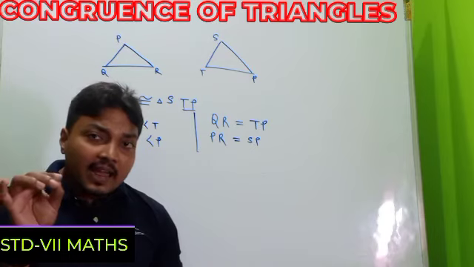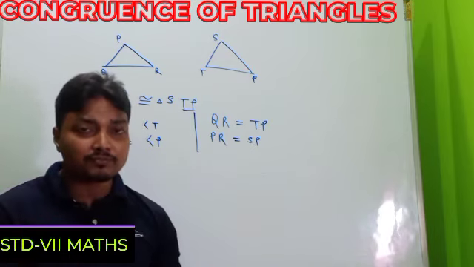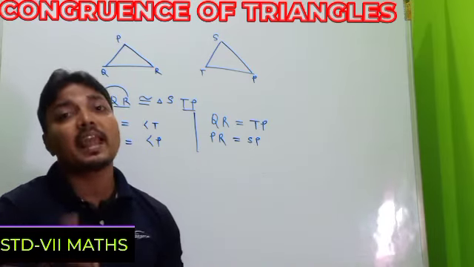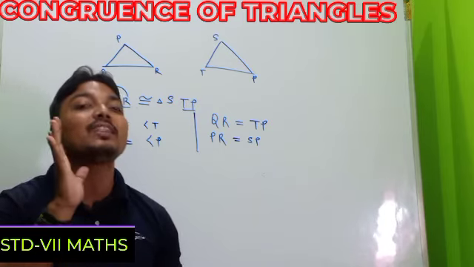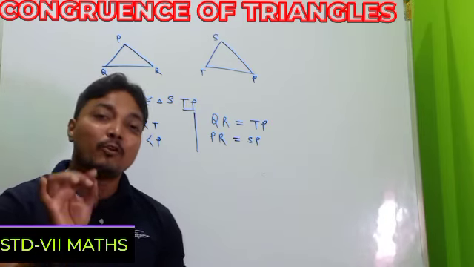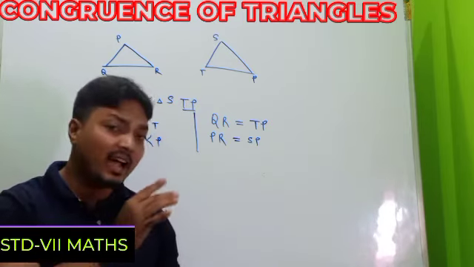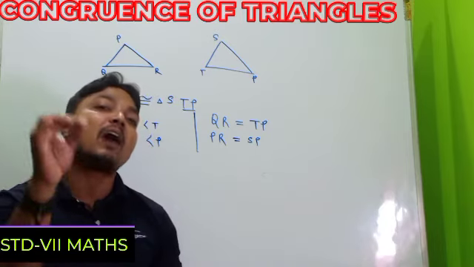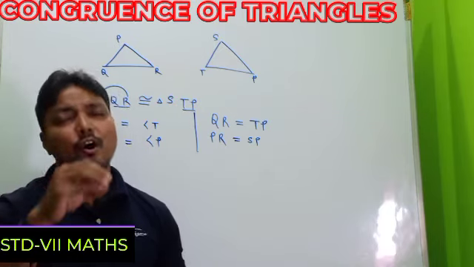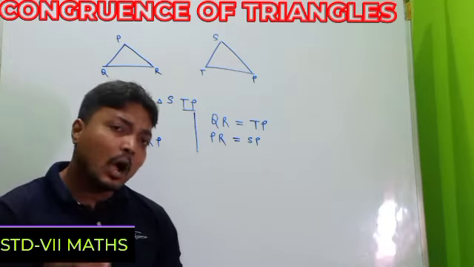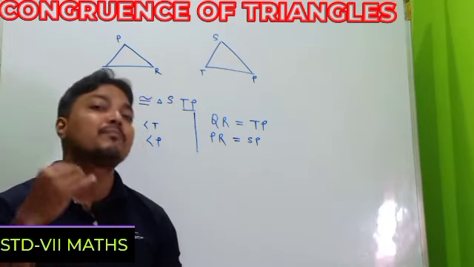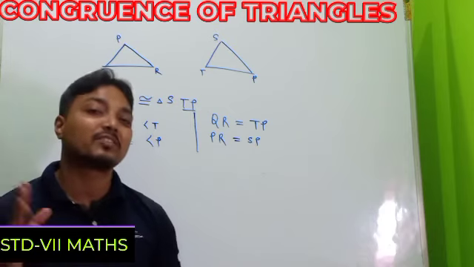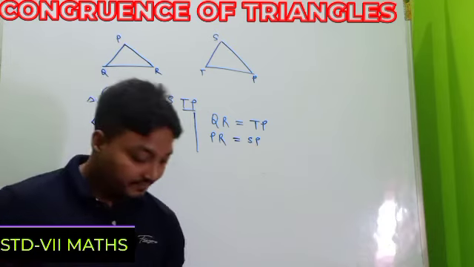In standard 9, you have the same chapter, also the same questions, everything will be the same. Only one extra thing: the proof of whatever congruence criteria we are going to learn, you can find in standard 9. Otherwise, whatever you are learning will remain the same for standard 7 and standard 9. Ready?